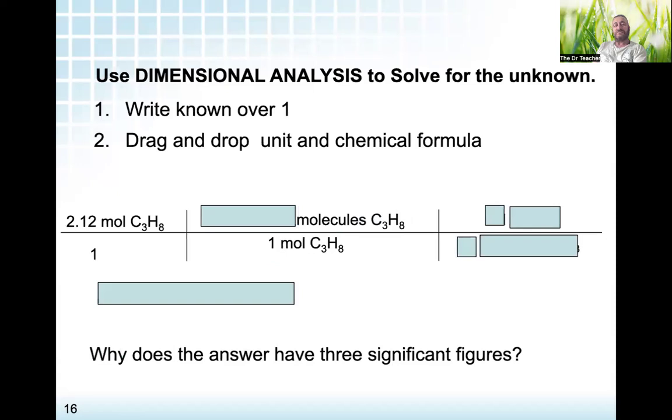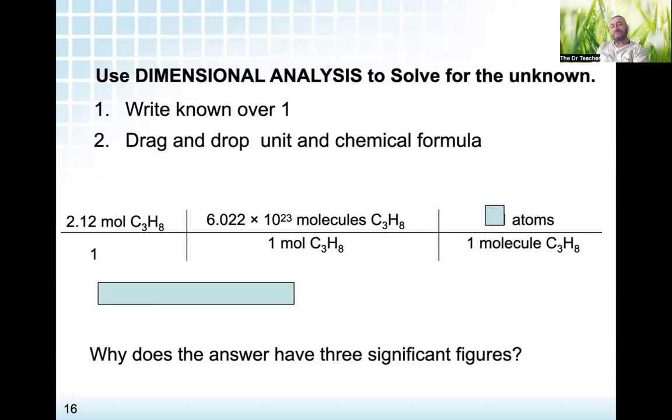You have 2.12 mole of propane, which contains the Avogadro number of molecules in 1 mole, and 11 atoms in 1 molecule.